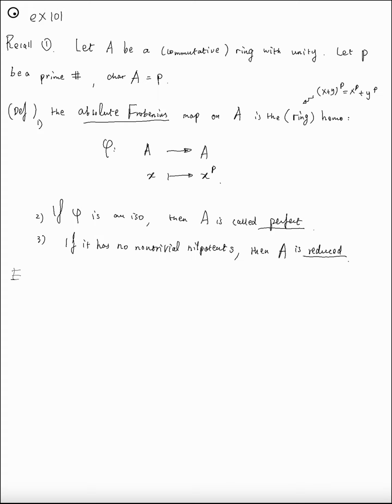Exercise, the first small exercise. A is reduced if and only if Frobenius is injective.